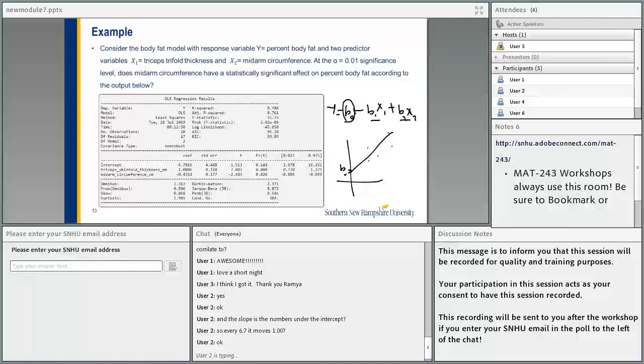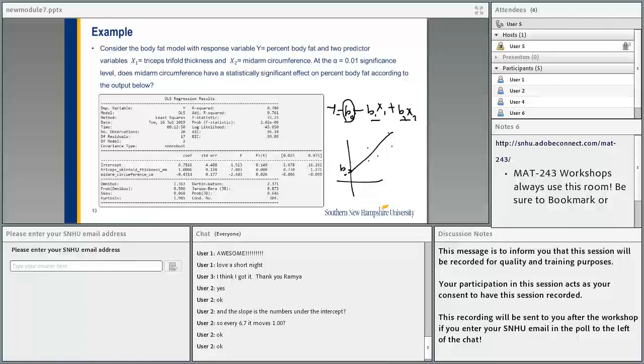That's not the slope. It's called the y-intercept. It is not the slope. Slope values are B1 and B2 values. That is your change in y per unit change in x. For example, let me take 2 points in my graph and find the slope.